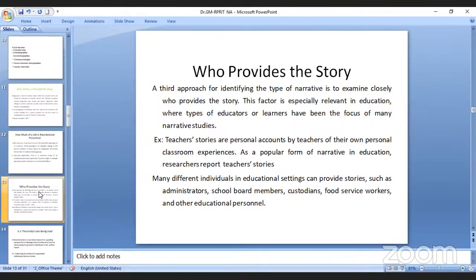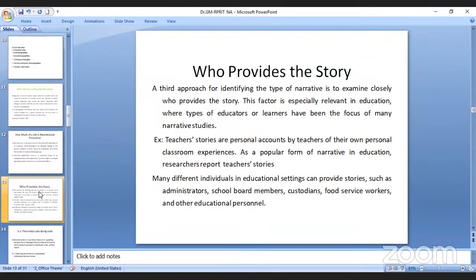For example, teacher stories are personal accounts by teachers of their own personal classroom experiences, a popular form of narrative in education. The researcher reports teacher stories. So a teacher story is a personal account. There will be a single story.